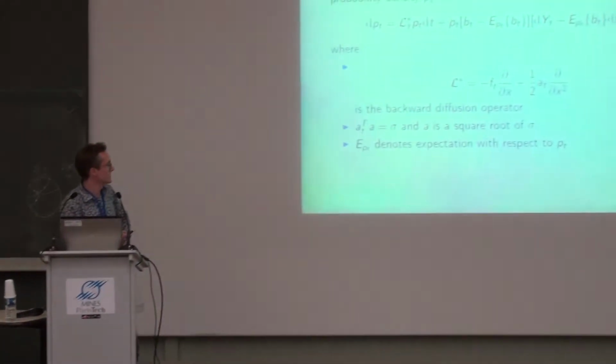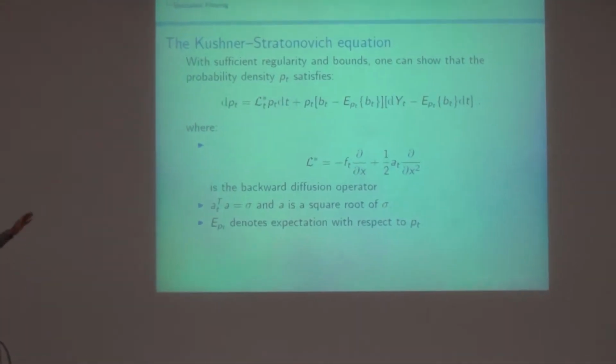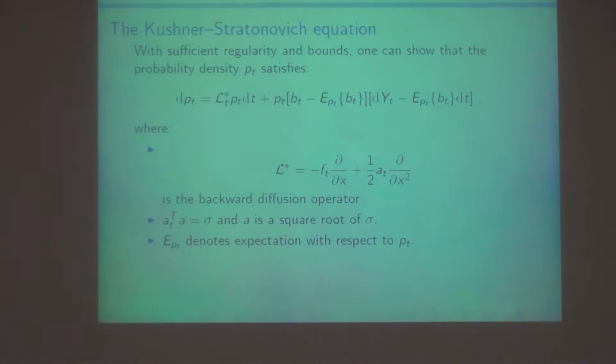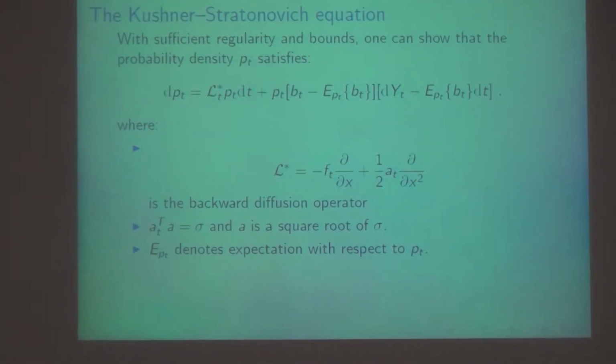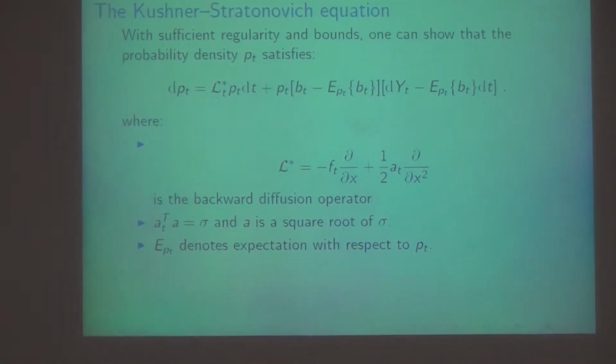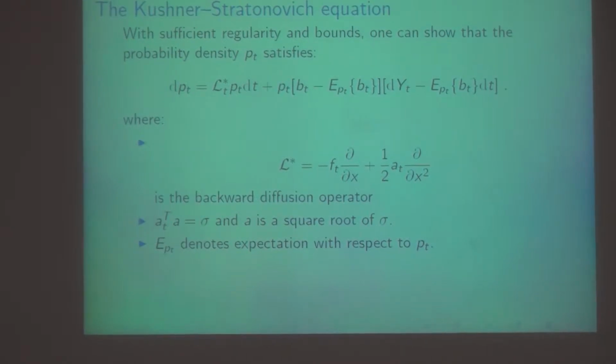And the solution is this Kushner-Stratonovich equation. There are actually two solutions. I could put it the Zakai equation, which is essentially equivalent, but I've decided to run with this one. And it says that the probability distribution P evolves according to this stochastic partial differential equation. And there are two terms. So I'm trying to get to pen as well.